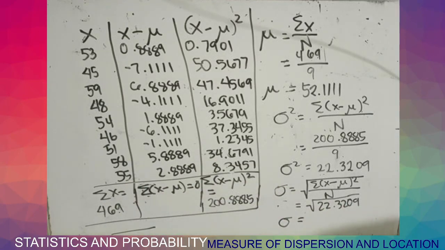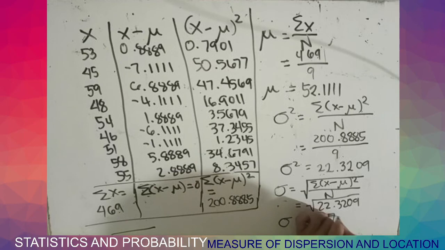So, ang sagot natin ay, square root lang natin yung sagot natin. So, ang sagot ay 4.7245. Tama ba? Ayan. So, ito na yung ating final answer.